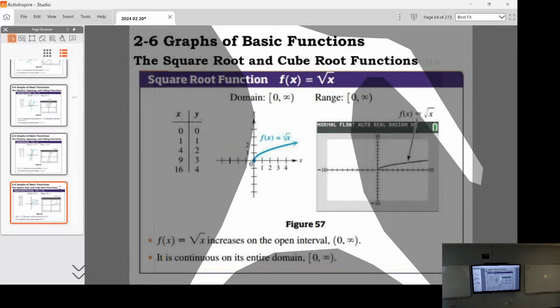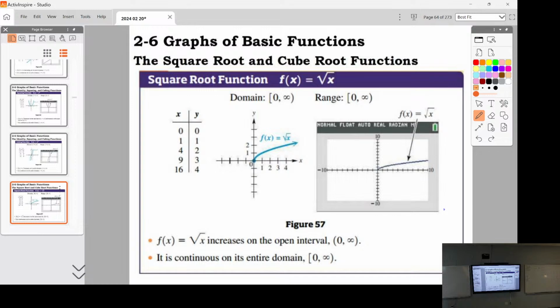The next function is the square root function. What can you not take the square root of? Negative numbers. Square root of 0 is 0. I can do the square root of 0. But I cannot, in the real world, take square roots of negative numbers.